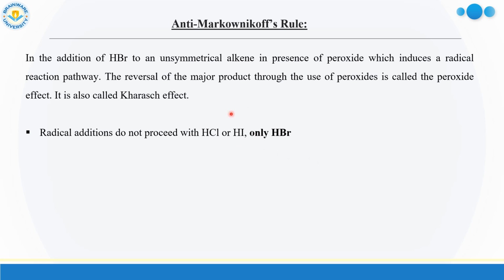In the case of HI, bond breaking is very easy, a labile bond, but after formation the iodine radical simultaneously forms I2, iodine. So that's why the best chemical for that reaction is HBr.